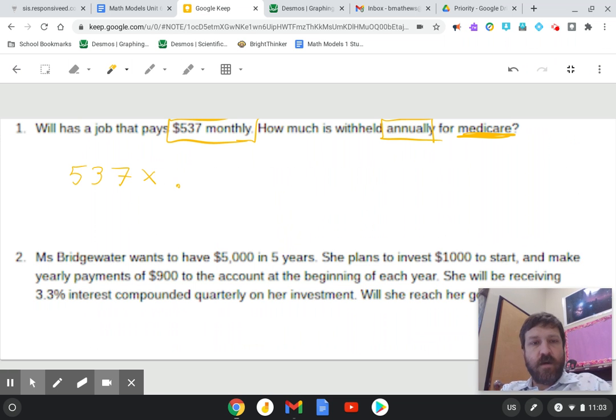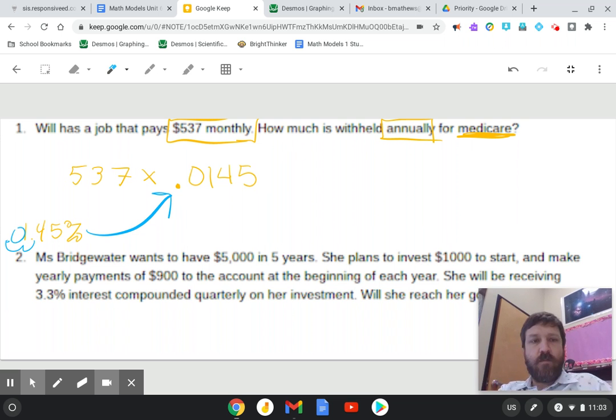So if I'm going to do that in decimal form, I'm going to do 0.0145. That's really important. Remember, 1.45%. If I want to convert a percent into a decimal, I need to move the decimal point 2 places and add a 0 there. And so that's how I get the decimal form of 1.45%.